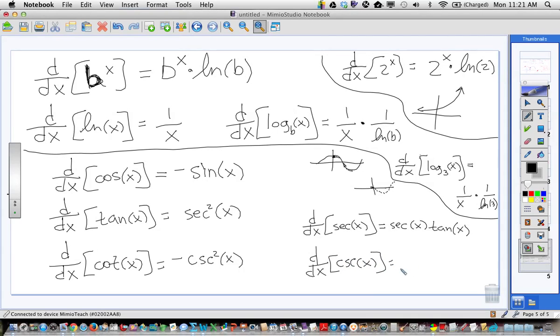You can probably guess it. We got a guess? Negative cosecant cotangent. Again, very similar to secant. Secant derivative is secant x times tangent x. Cosecant is negative cosecant x times cotangent.